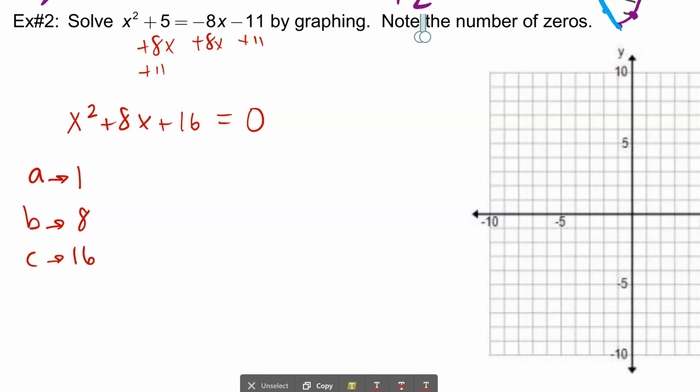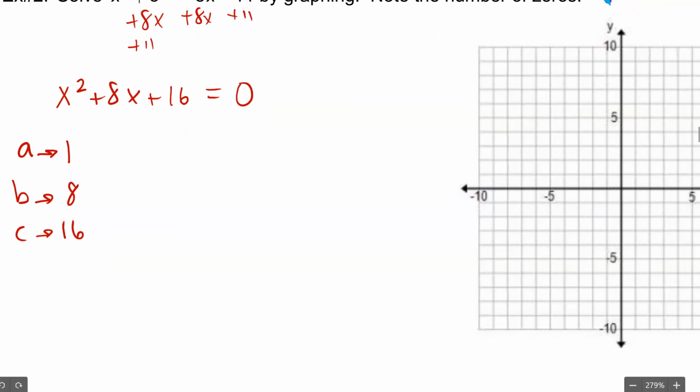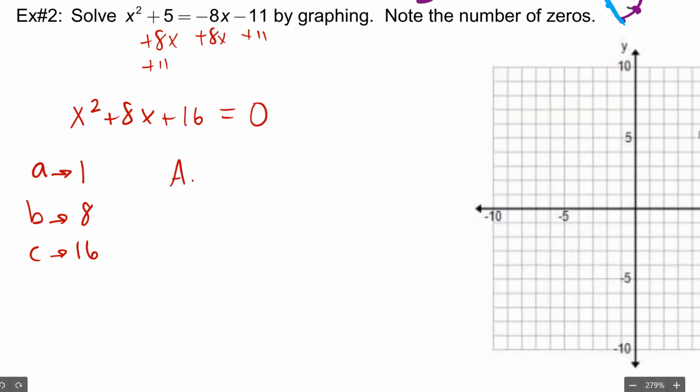Okay, I have all of my a, b, and c. I need to find the axis of symmetry. Negative b over 2a, so it's going to be negative 8 over 2 times 1. So that's negative 4.